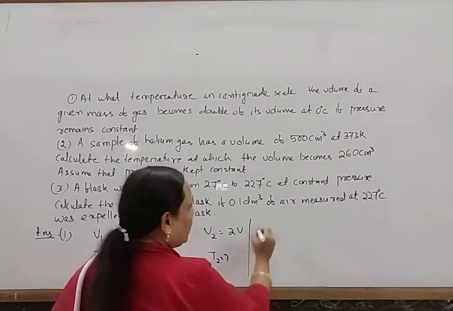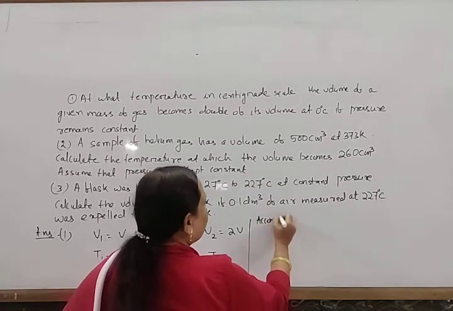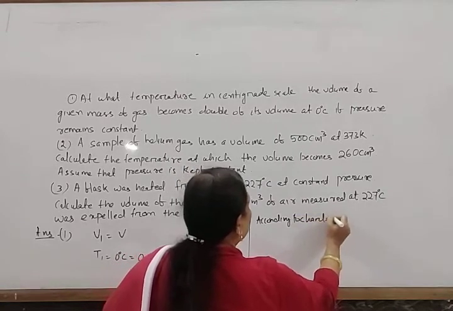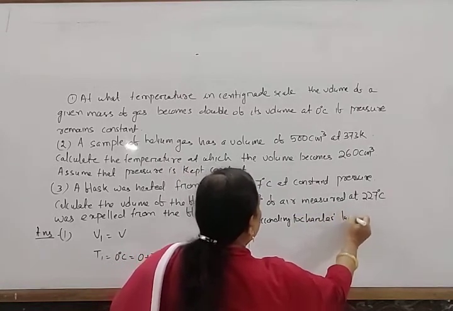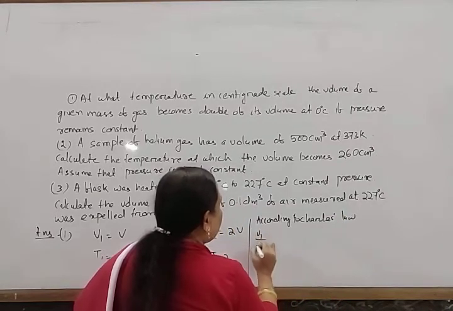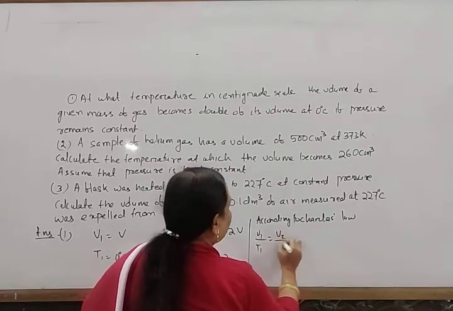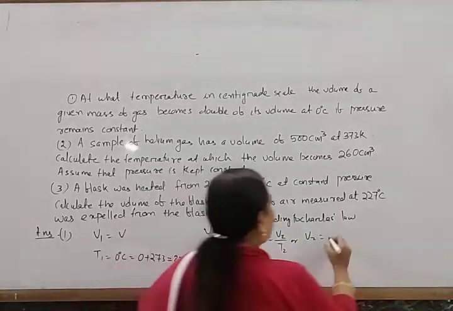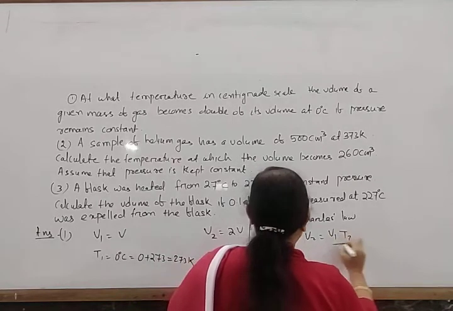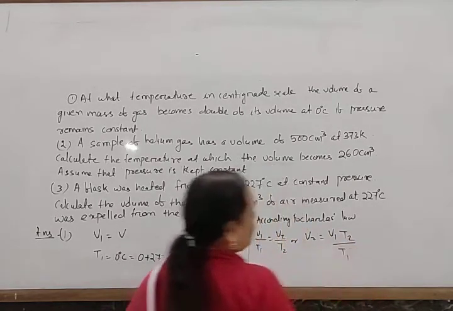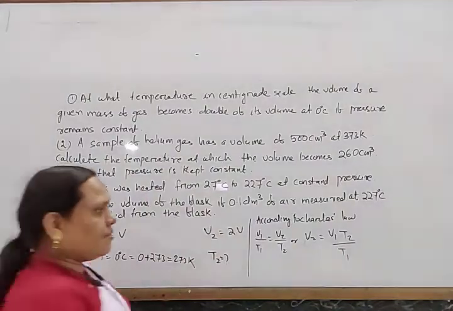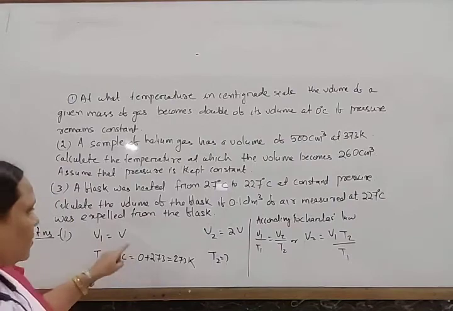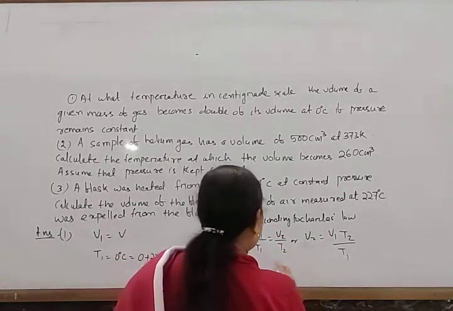So according to Charles' law, V1 by T1 equals V2 by T2, or V2 equals V1 T2 by T1. What is V1?